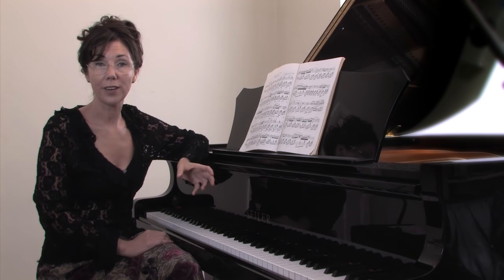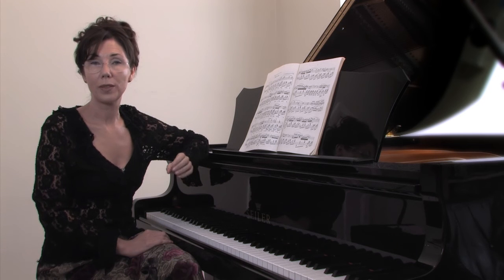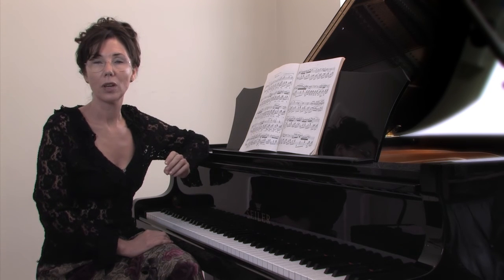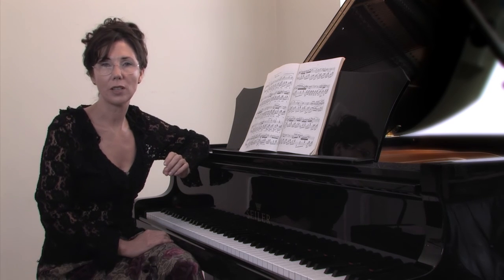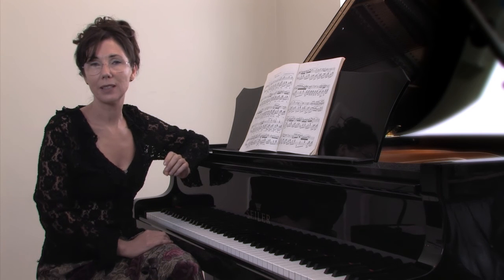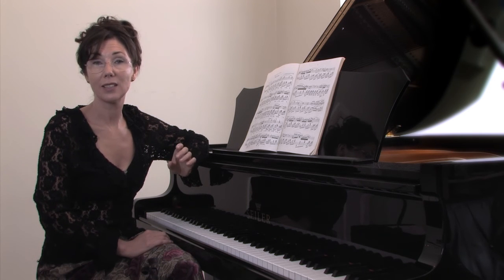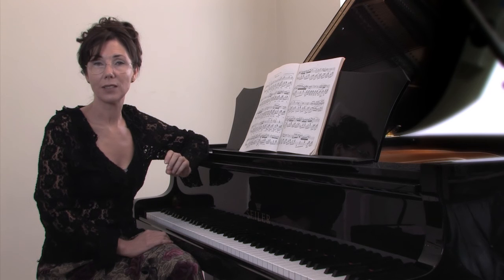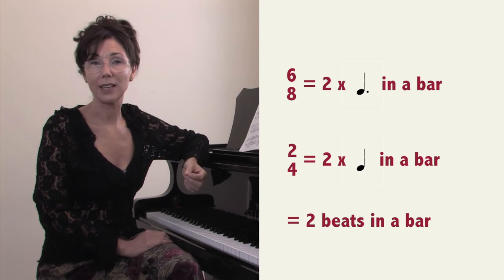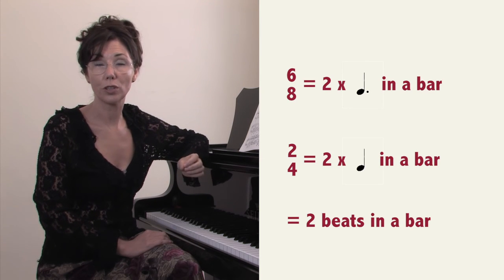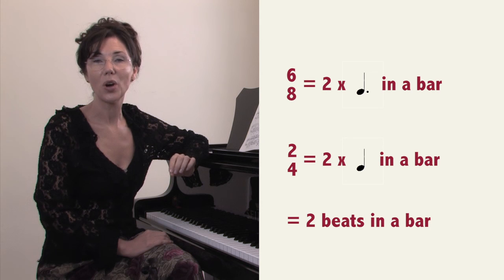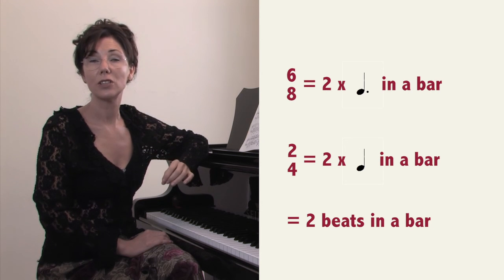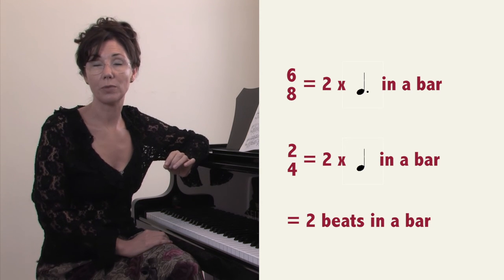In your grade 5 theory exam, when this question comes up, the compound time signatures that they use will be either 6/8, 9/8 or 12/8. Your 6/8, which is 2 dotted crochets in a bar, will relate very easily to 2/4 in simple time, which has 2 crochets in a bar.